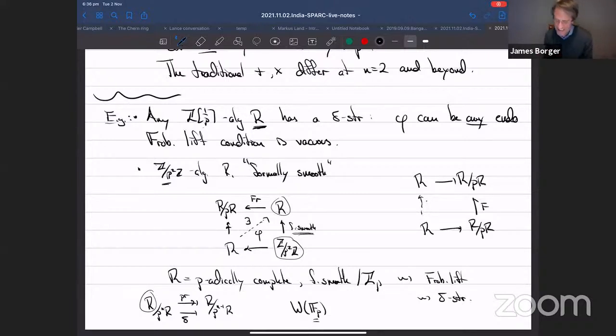Somehow, this is another good thing to say: I don't know what derived algebraic geometry really is, but apparently a derived delta structure is the same thing as a derived Frobenius lift.